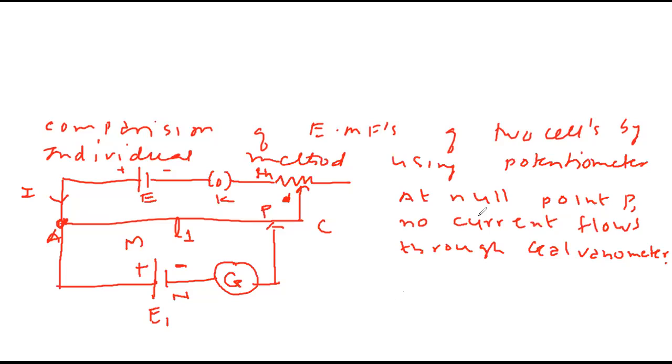Very good. So at null point P, no current is flowing through galvanometer. So can I say potential of N is same as that of P? Yes.